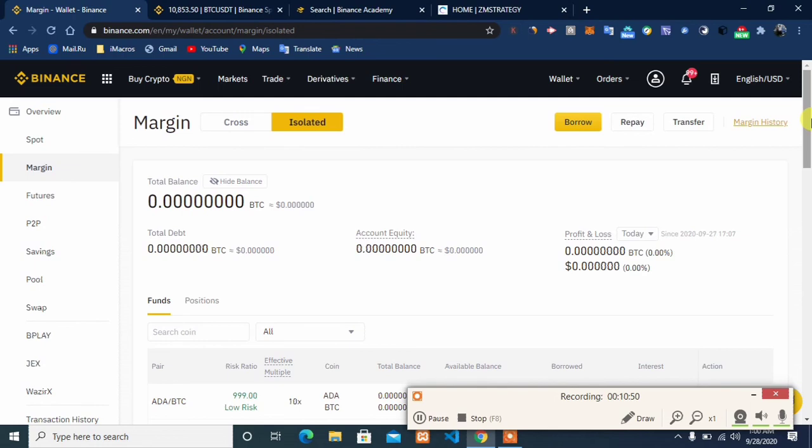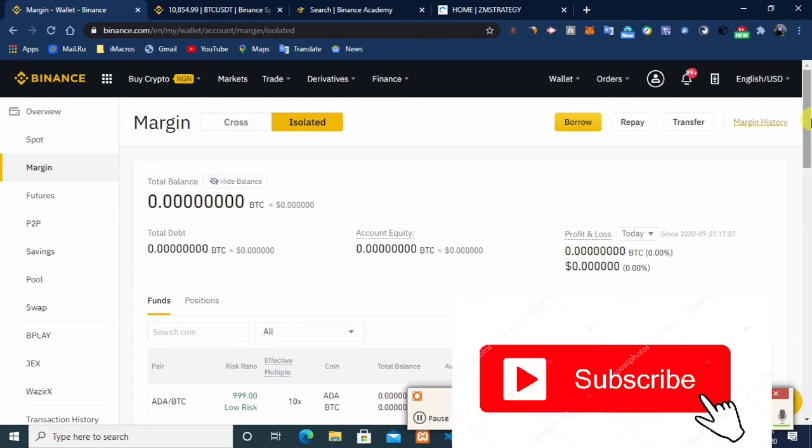So before you jump into Binance margin trading, you need to have a proper understanding, and you must also be good at technical analysis. You must know how to analyze the market technically in order to trade well on Binance margin and futures trading.